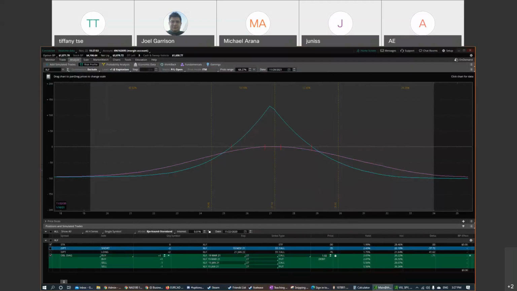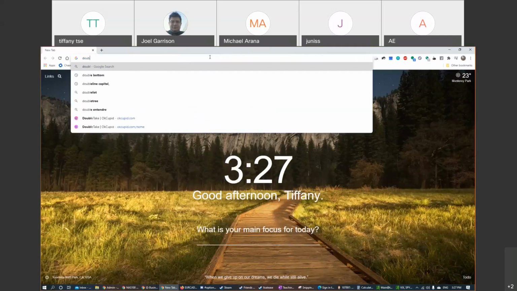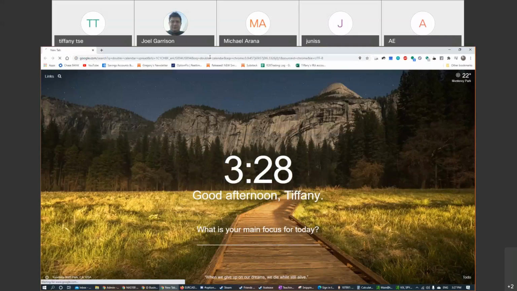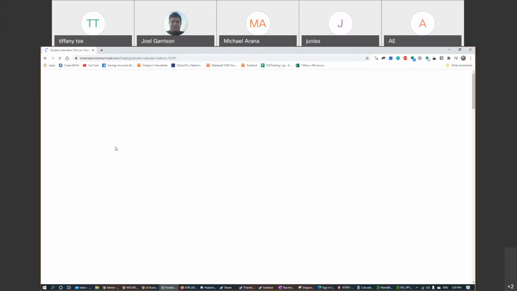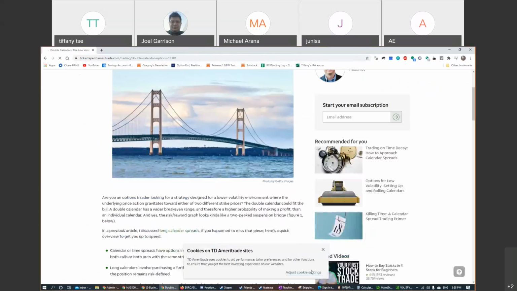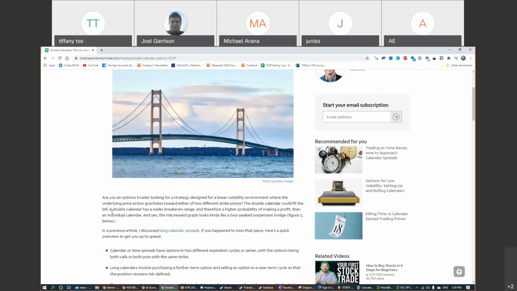You can just look up how to do a custom calendar. Okay, so we can do a double calendar.